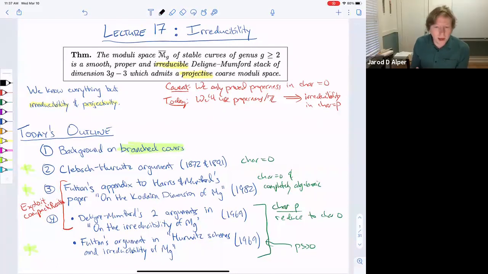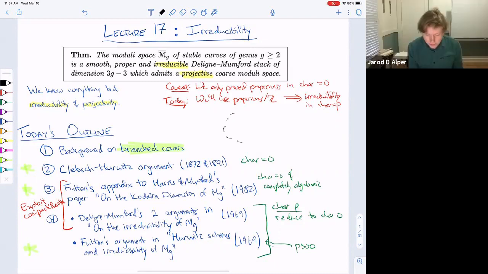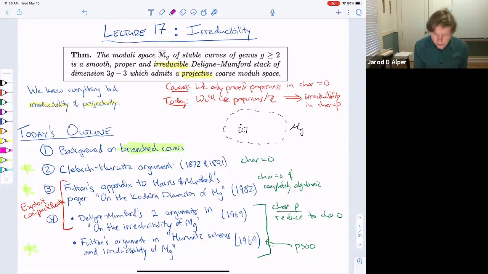So this is why the compactification plays a role. Maybe I'll draw a cartoon picture of what the argument Robbie was trying to explain. If this is MG, it's not compact, right? You have smooth curves in here. And what we've done already with stable curves is compactify it. So you have this boundary consisting of singular curves. The idea is to show that you can degenerate to the boundary.